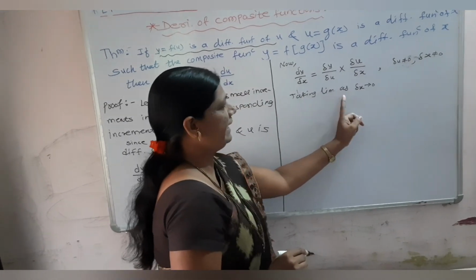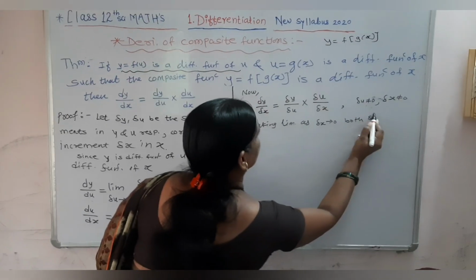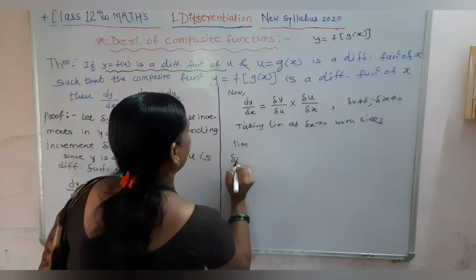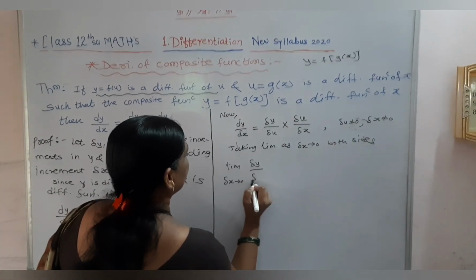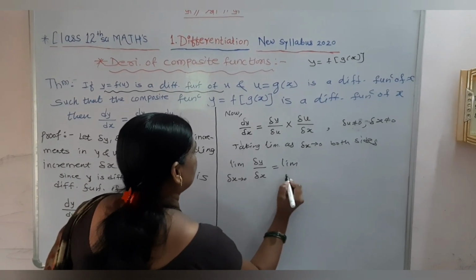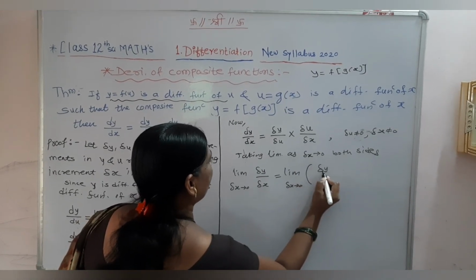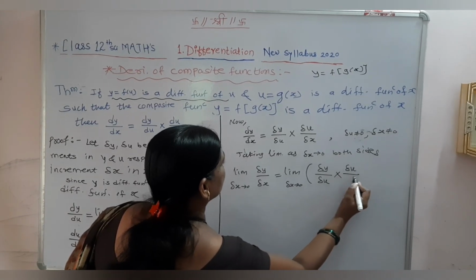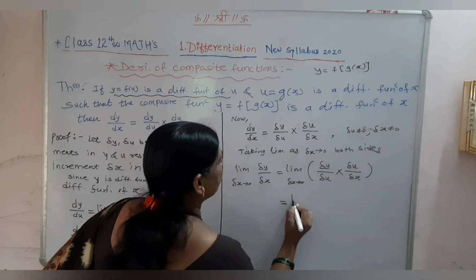Then taking limit as delta x tends to 0 both sides, we get limit delta x tends to 0 delta y by delta x is equal to limit delta x tends to 0 delta y by delta u into delta u by delta x, is equal to, then separate the limits.